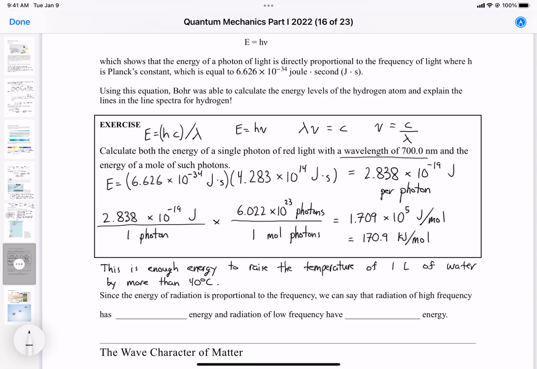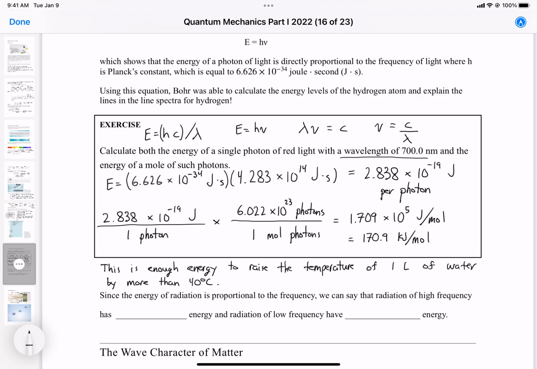So that's a lot of energy, okay? That gives you a frame of reference for how much energy this is. So that's how we calculate the energy of, say, radiation.